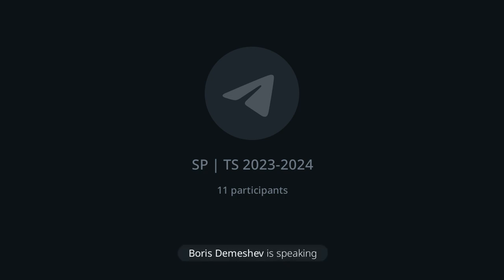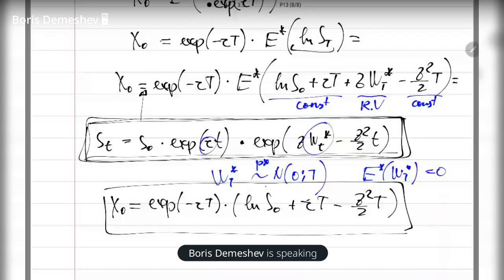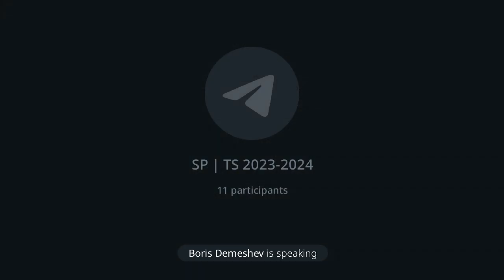I hope that's maybe more clear now, the idea that I have shown in continuous time and in discrete time. The same idea: we introduce a new probability measure that simplifies calculations. The calculation of price is just the calculation of a discounted expected value. And that's a great idea.